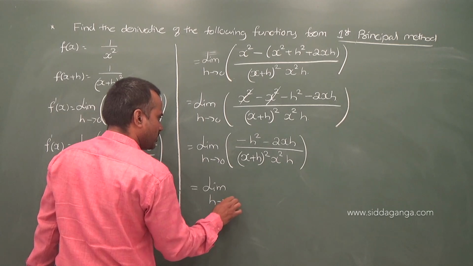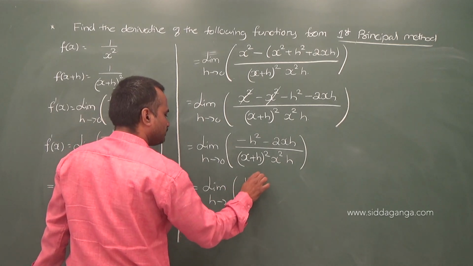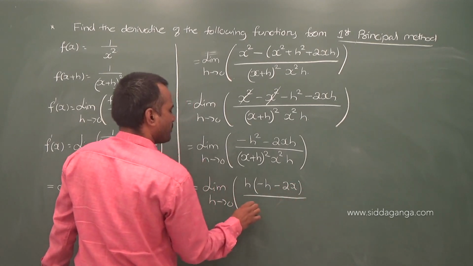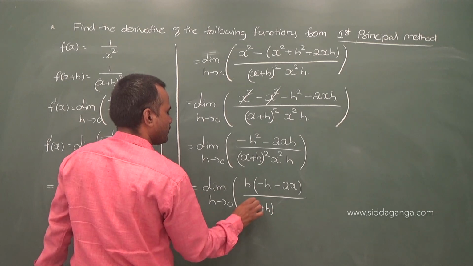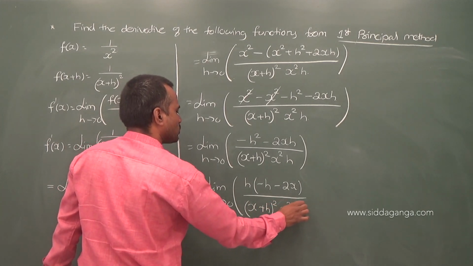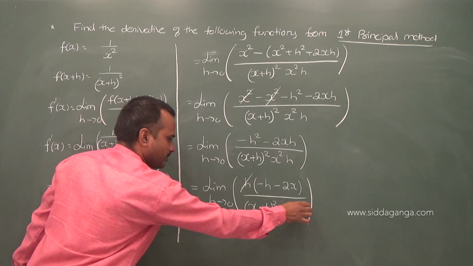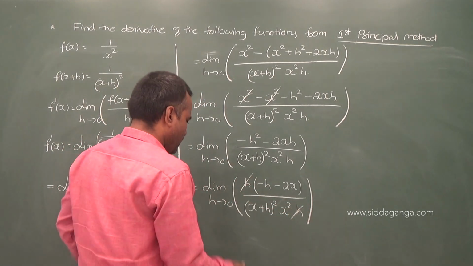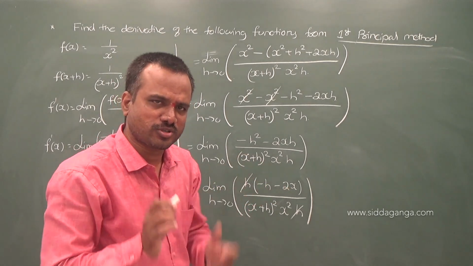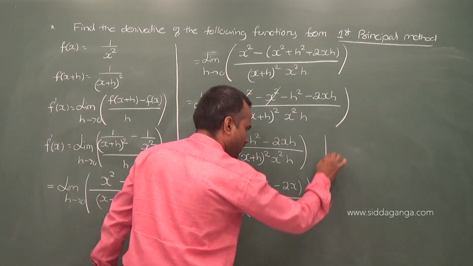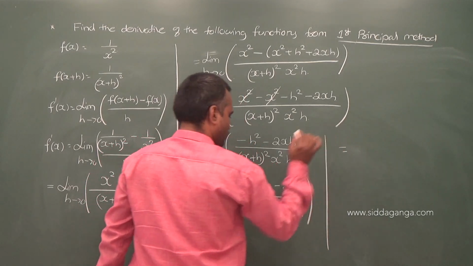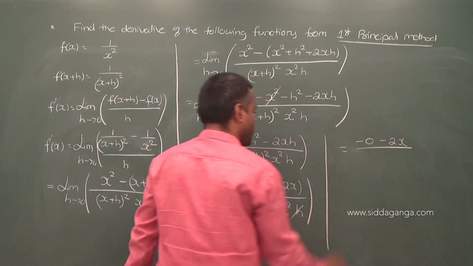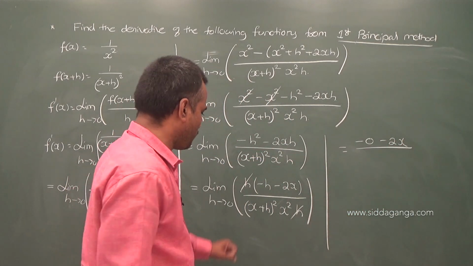Limit h tends to 0, if I take h common, minus h minus 2x, divided by x plus h whole square x square into h. h gets cancelled. Correct? Wherever h is present, substitute 0. That is equal to minus 0 minus 2x. Only wherever h is present, in that h only substitute 0.